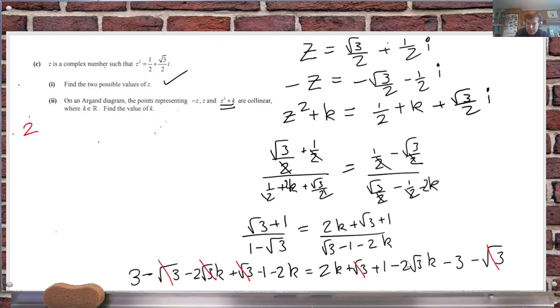Oh, that cancels with that. 3 minus 1 is 2. 2 minus 2 root k equals 2k. And then 1 minus root 3 minus 2. So I get 4k equals 4. So, okay, not 0 and not a half. K apparently is 1.